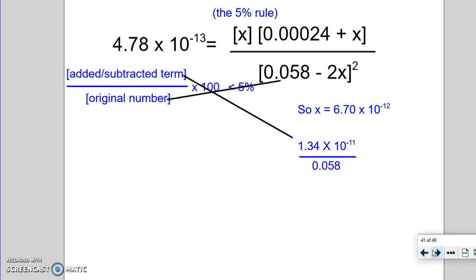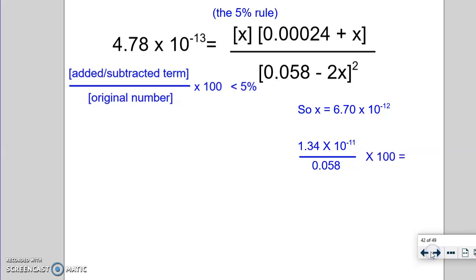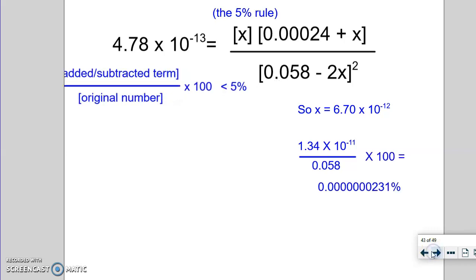So we divide by that and then multiply by 100. That gives us a number that is certainly less than 5%. I mean, we could have had a 4.7 there and it would have been allowable, but this number is 10 million, 100 million, I'm not counting zeros right now, times smaller than that. So we are okay. We are good to go.